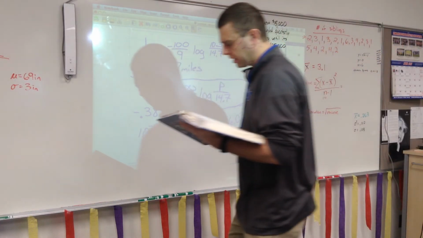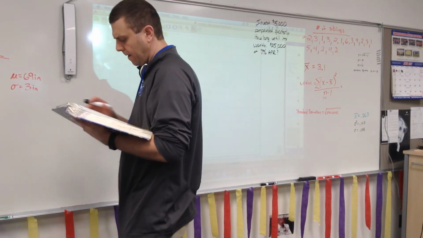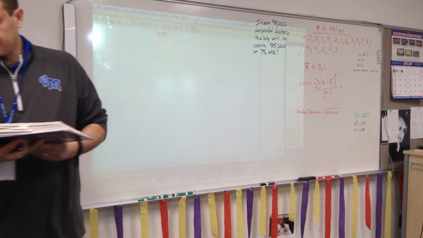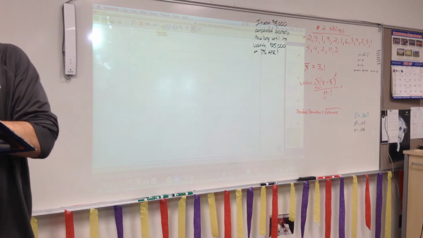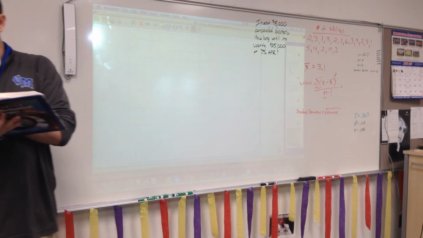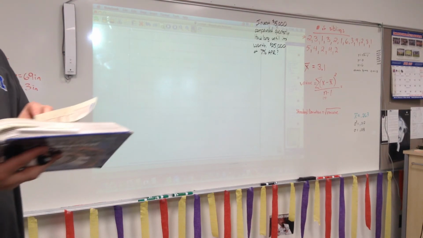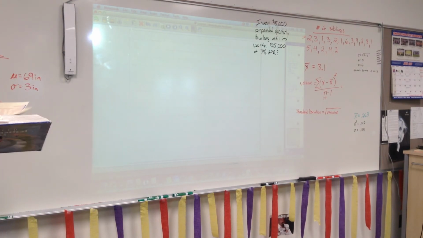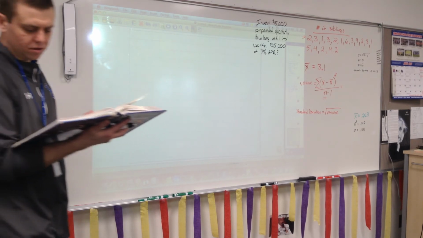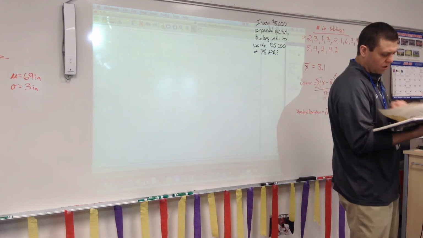It talks about some chemistry stuff here. Love it. It says radium-226, which had been used for cancer treatment, and this book is old, so who knows if it is still used. It decays with a half-life of 1,622 years.